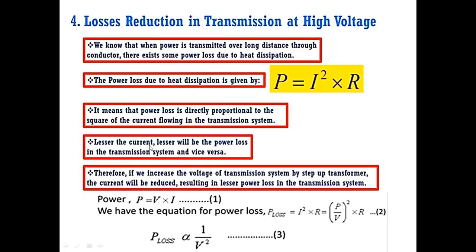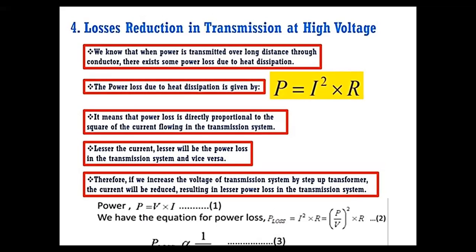The lesser the current, the lesser will be the power loss in the transmission system, and vice versa. Therefore, if we increase the voltage of the transmission system by a step-up transformer, the current will be reduced, resulting in lesser power loss in the transmission system.